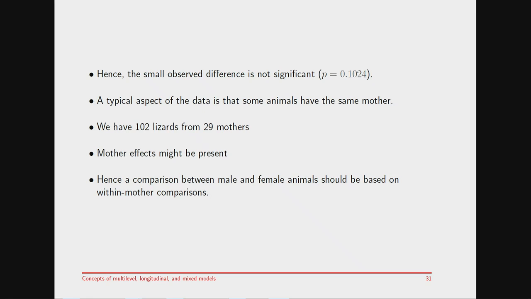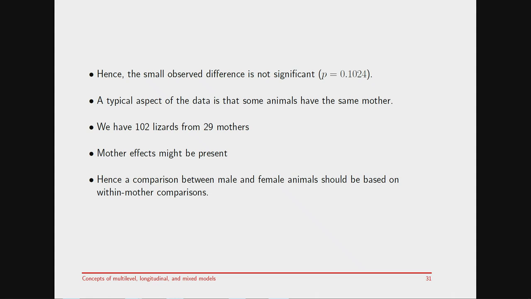And the question now is, is this important? That might be important if you think of a genetic effect, because these animals are genetically linked to that mother animal, so that creates a link between them.